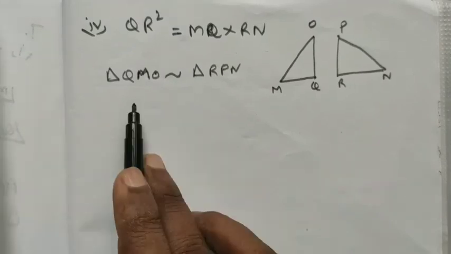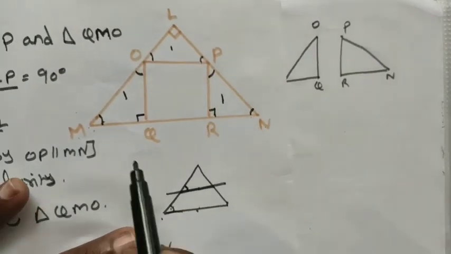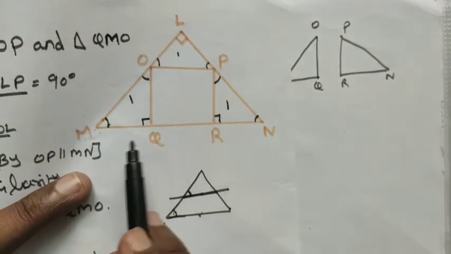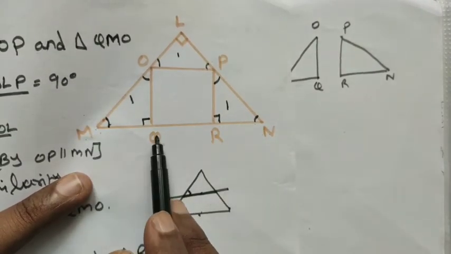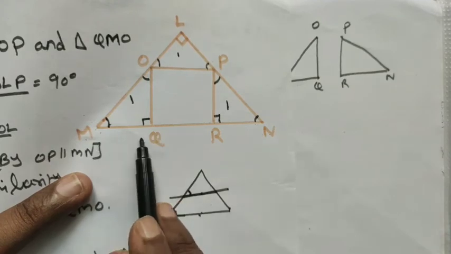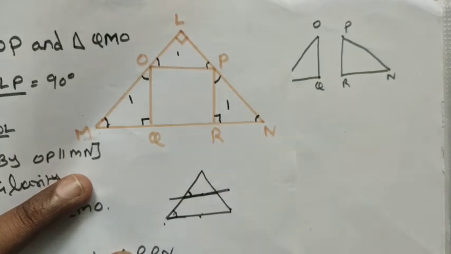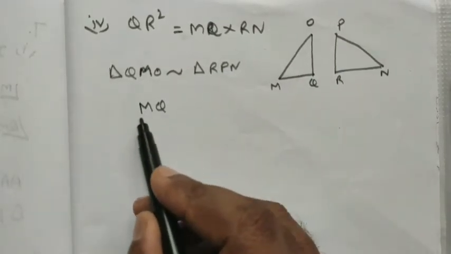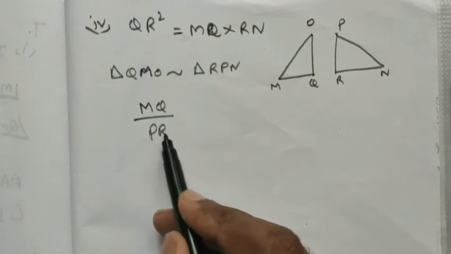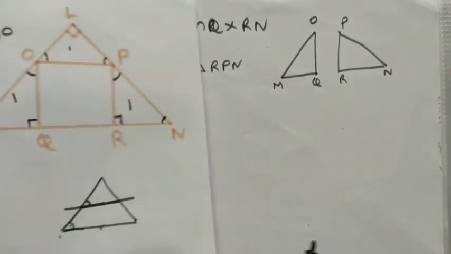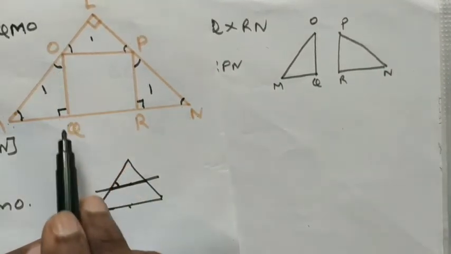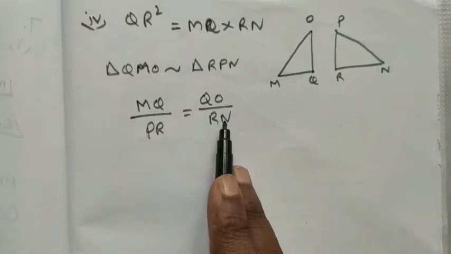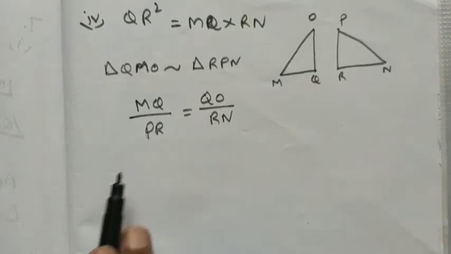Now by the condition of similar triangles, let me take it as MQ is proportional to PR, equal to QO proportional to RN. So let me take this.